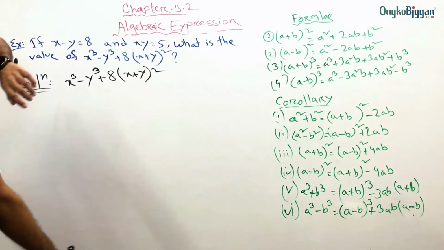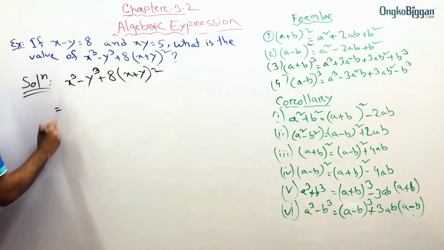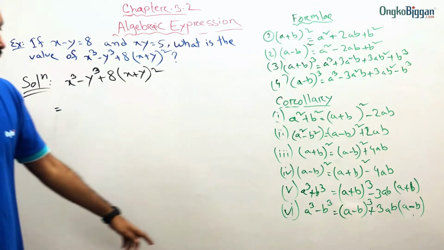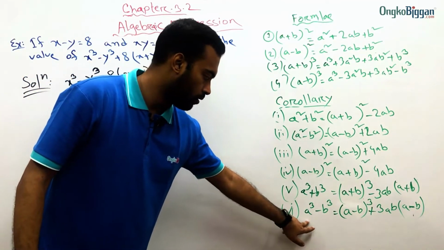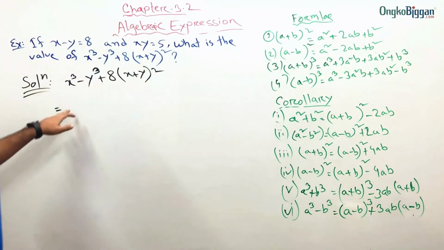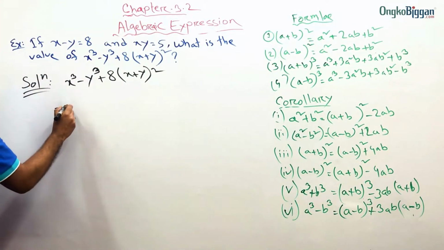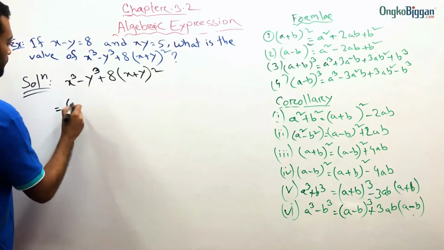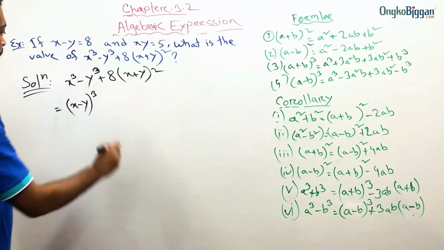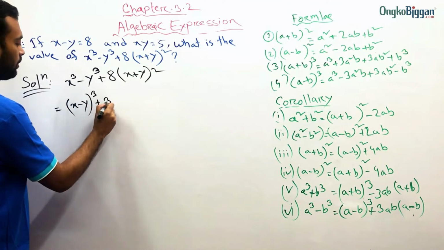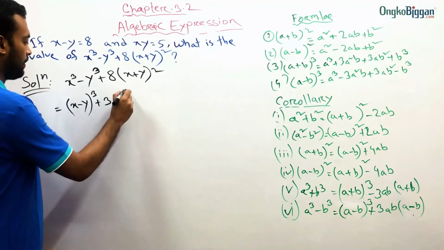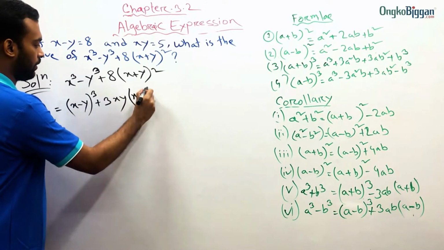Okay, so we know the corollary of x cube minus y cube. It is given over here, a cube minus b cube is equal to, we'll use this. For x cube minus y cube, we can write according to that, (x minus y) whole cube plus 3xy into (x minus y).